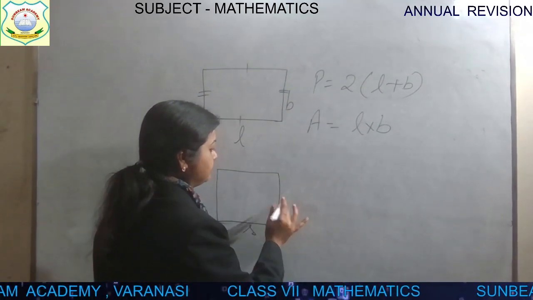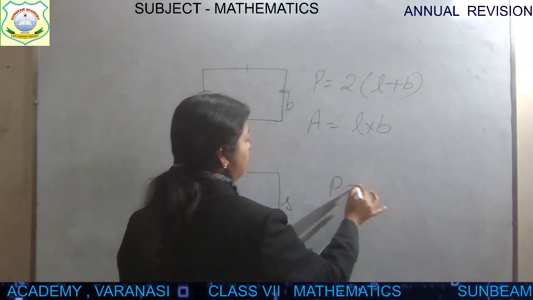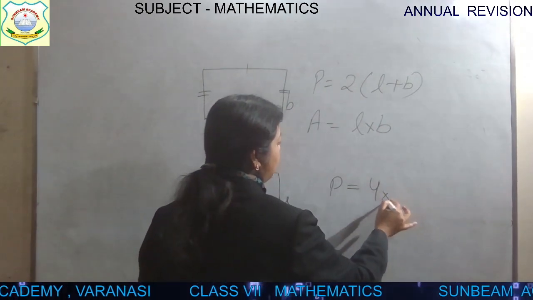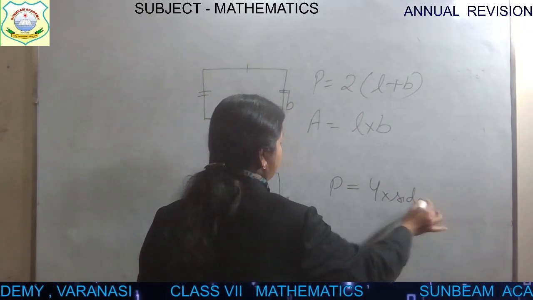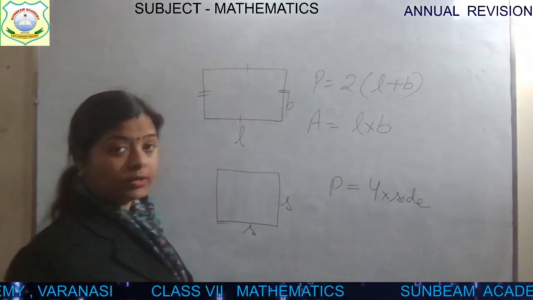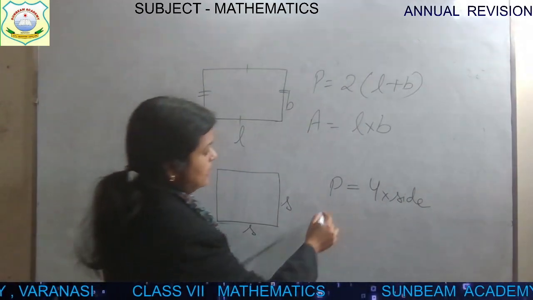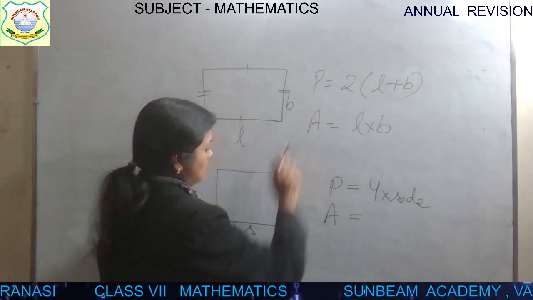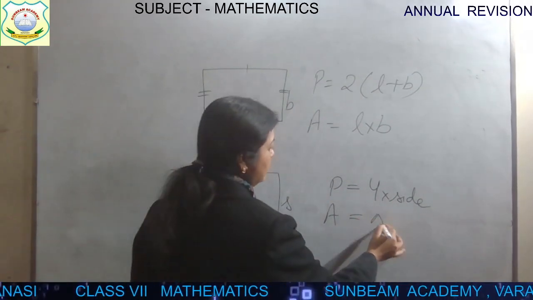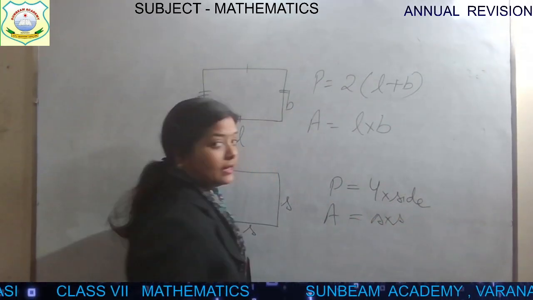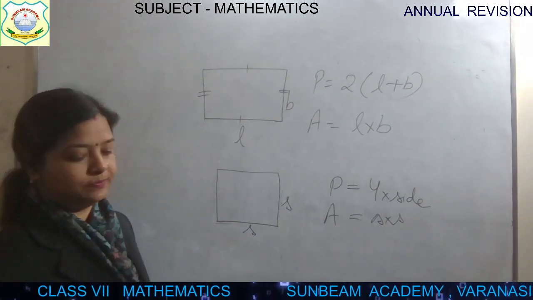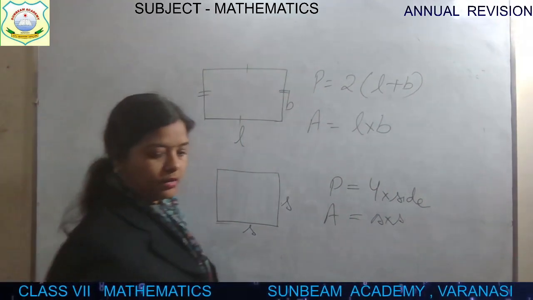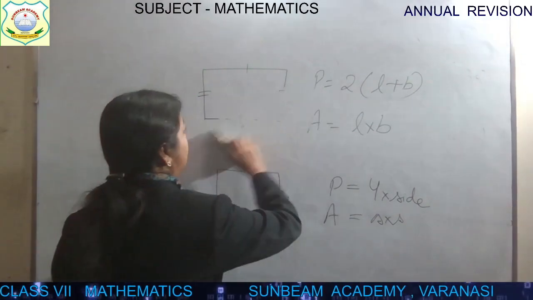So its perimeter is what? 4 into side, or 4 into S, or 4 into A, whatever the side is. And its area is side into side, like length into breadth, here side into side. So area is side into side, or we can write it as side square also. Clear? Now let's move to the next formula.